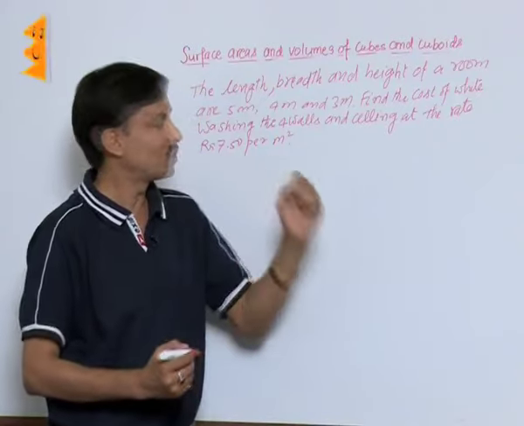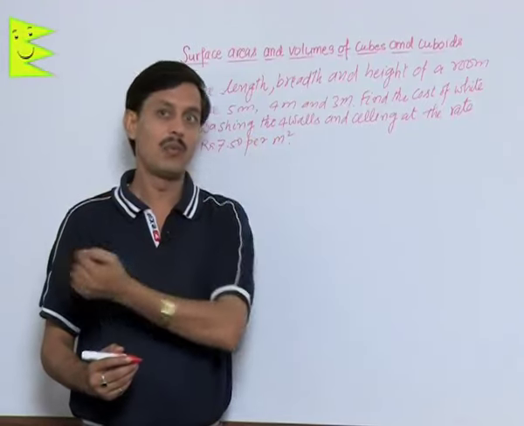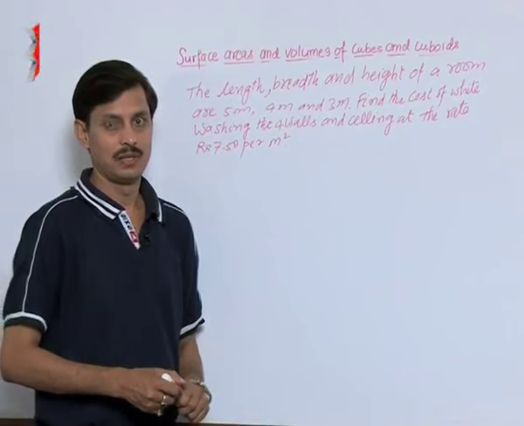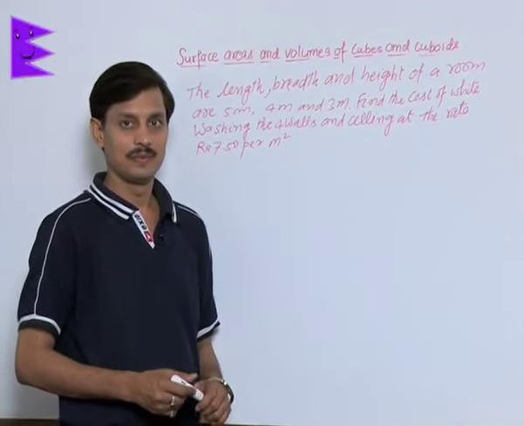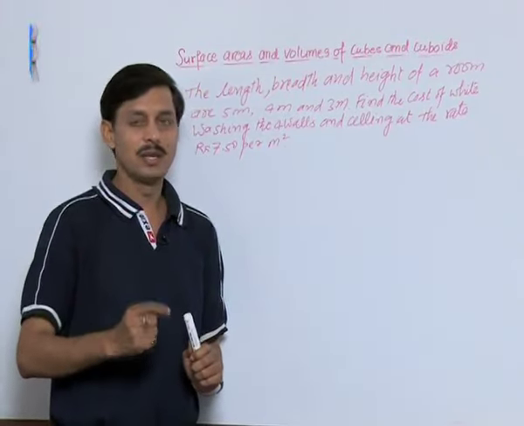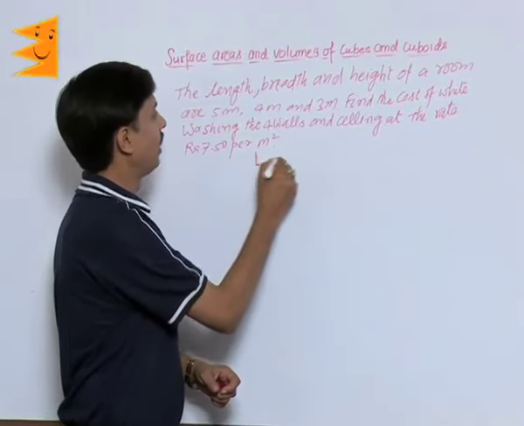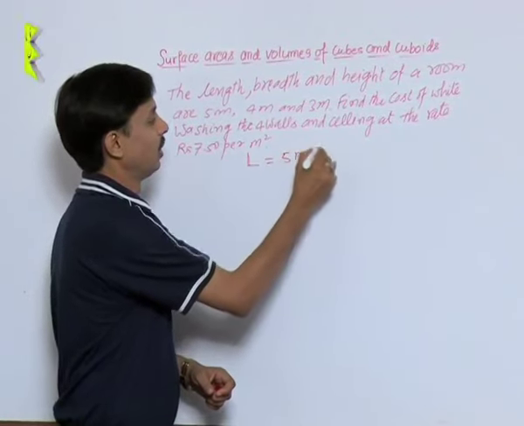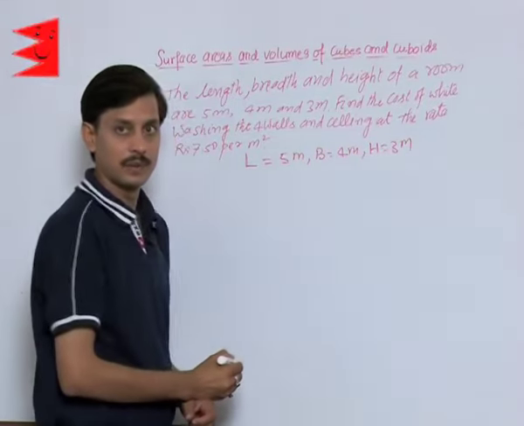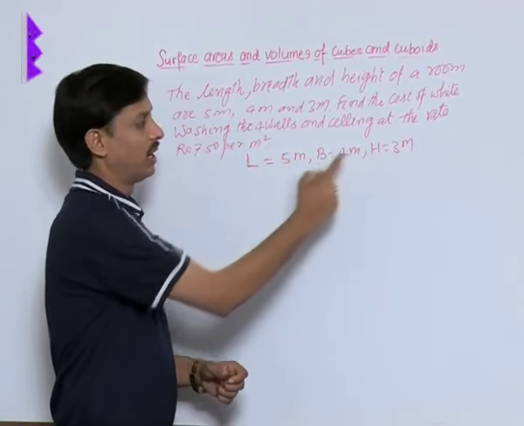So first we will calculate the area of these 5 surfaces, that is the area of 4 walls plus the area of the ceiling. Length is 5 meter, breadth is 4 meter and height is 3 meter.